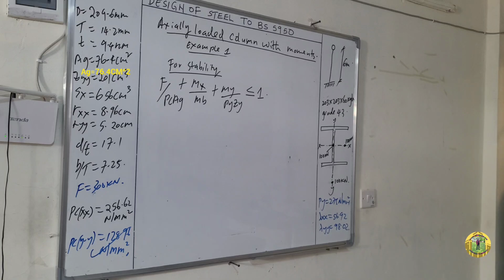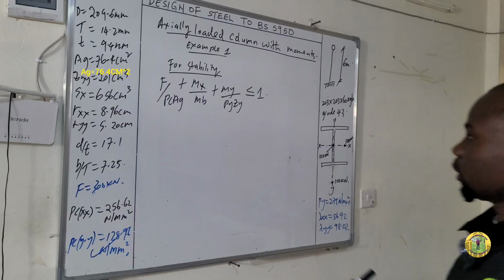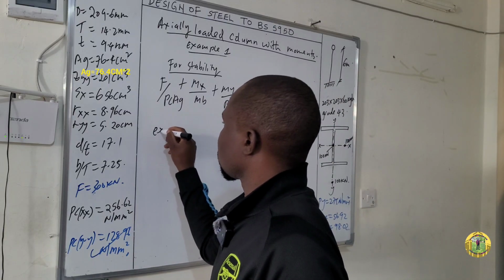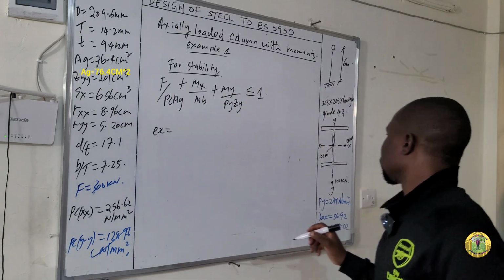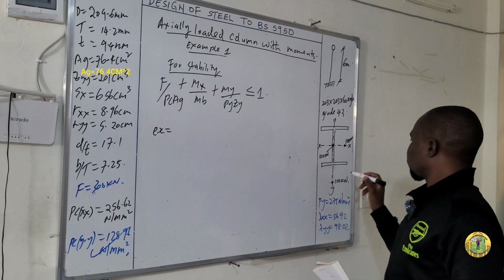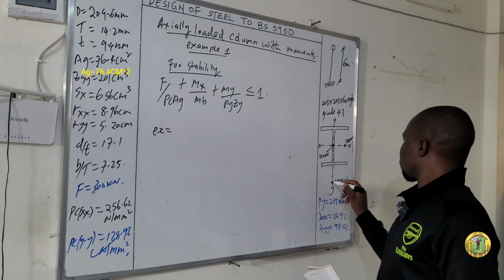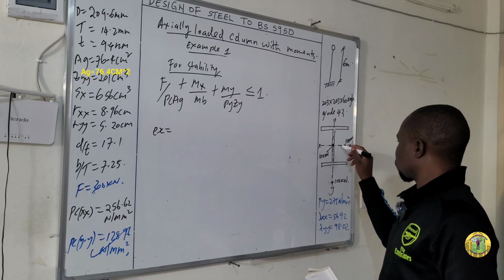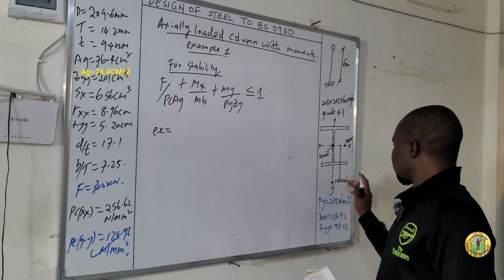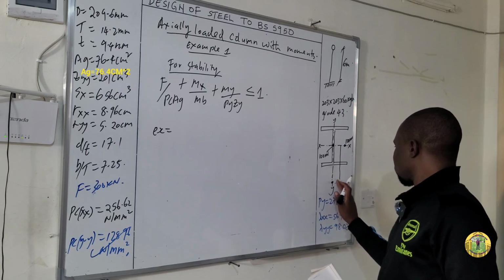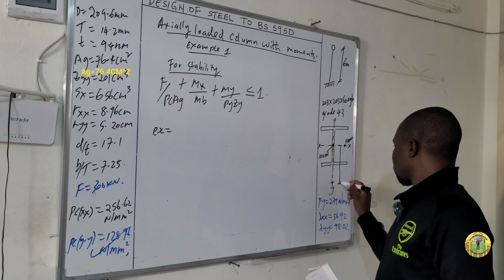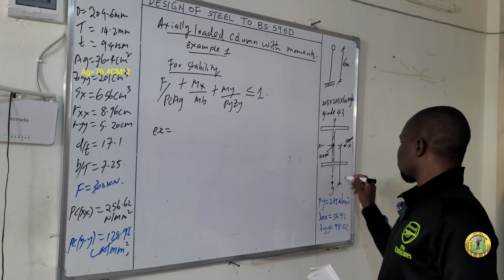So for us to find the MX, we start calculating the eccentricity. Let's start with eccentricity X. So this load here will give us eccentricity X. So this is EX.